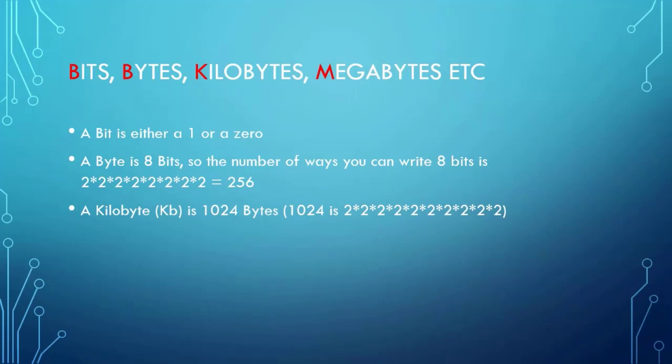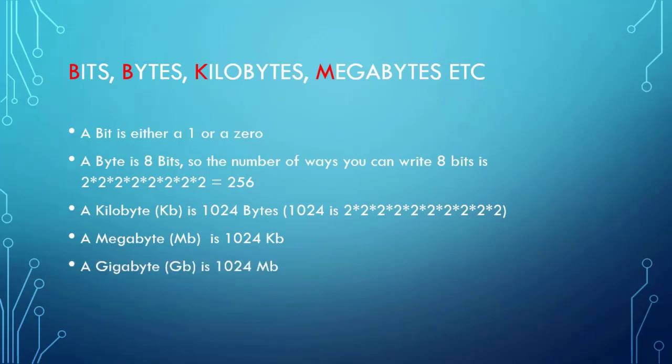So that is roughly 1000, and that is then used as 1000. So roughly 1000 bytes is a kilobyte. A megabyte is 1024 kilobytes. A gigabyte is 1024 megabytes. And a terabyte, which is probably the biggest one that you'll come across, is 1024 gigabytes.